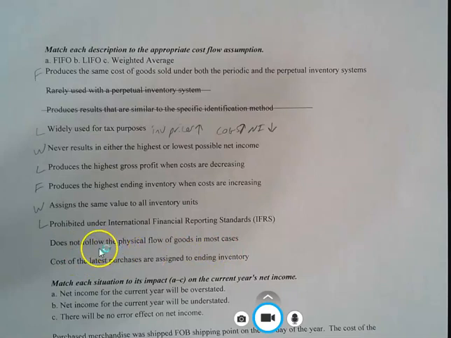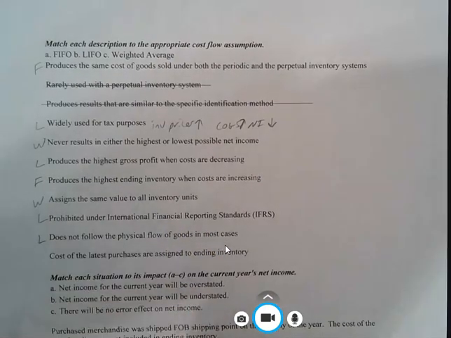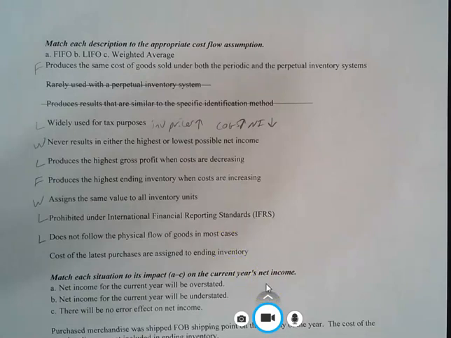All right, does not follow the physical flow of goods in most cases. This is also going to be LIFO, and the reality is that none of these cost flow assumptions necessarily follow the physical flow of goods, right? But a lot of times in a grocery store, that's the best example that I can give you. Grocery stores and grocery store chains are always going to use FIFO because they have a lot of perishable items, and they will at least attempt to sell the oldest goods first.